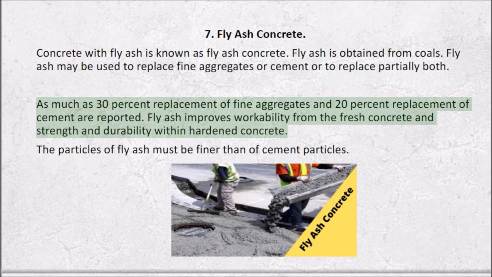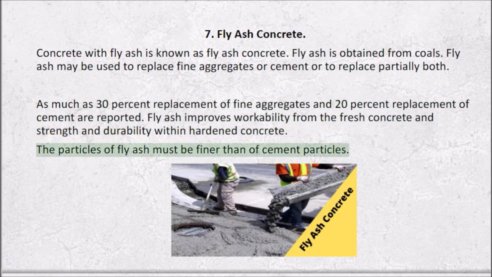As much as 30% replacement of fine aggregates and 20% replacement of cement are reported. Fly ash improves workability of the fresh concrete and strength and durability of hardened concrete. The particles of fly ash must be finer than cement particles.